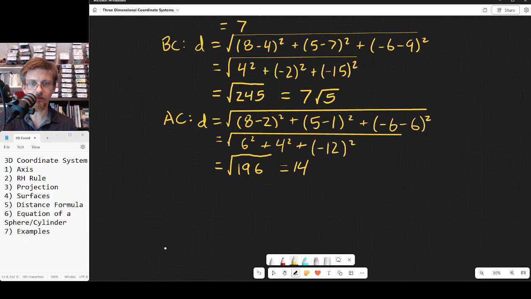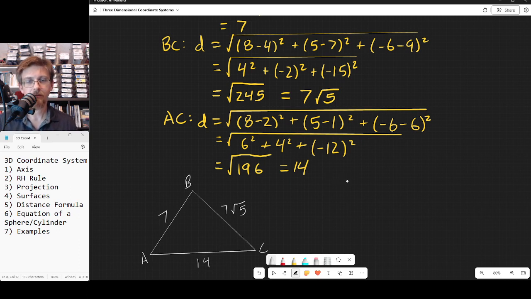To make things easy, we can just draw ourselves out a triangle here. Call this A, B, and C. Okay, so A to B is 7, and B to C is 7 rad 5, and then A to C is 14.